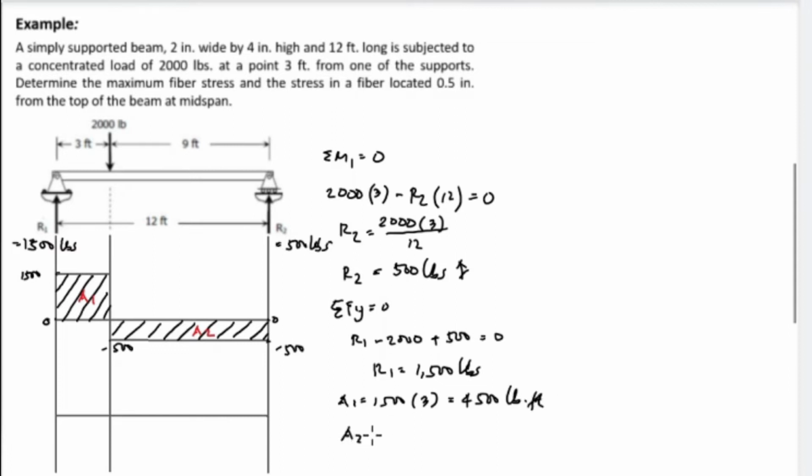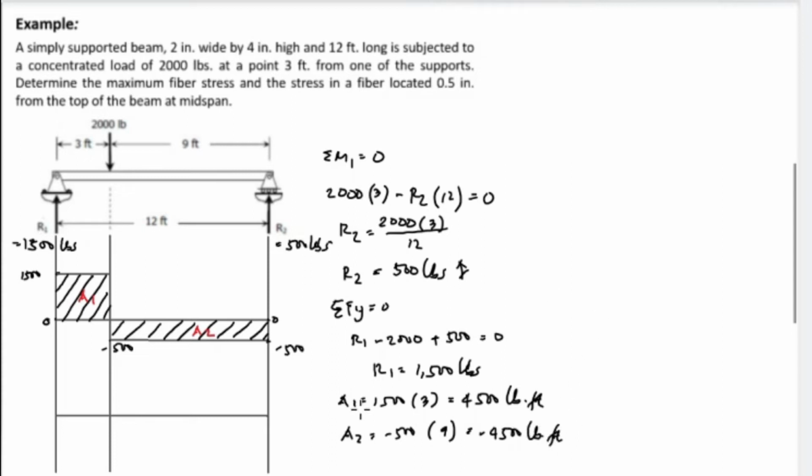While area 2 and area 1 is positive, area 2 is equivalent to negative 500 times the length, which is 9 feet. The value is negative 4,500 pounds foot.